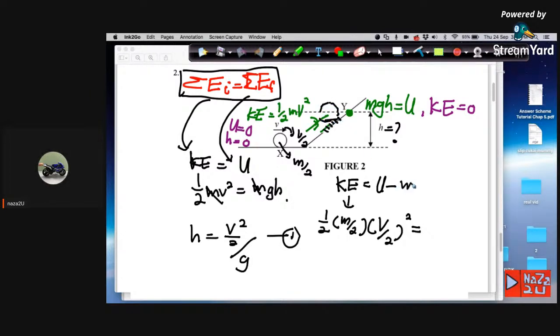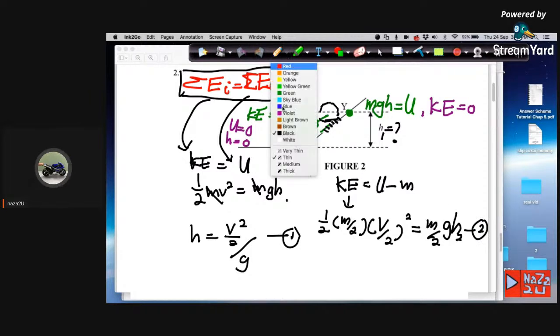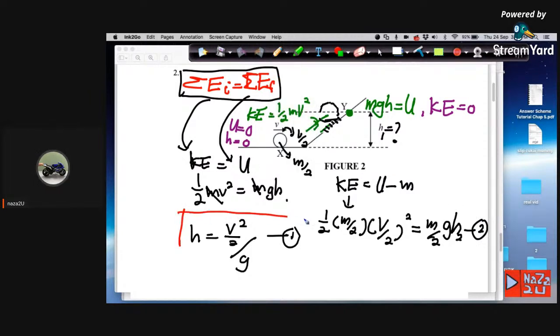So we have mass is half, g is constant g, and this is h, the second h is h2. So this is the second equation. So, kalau kamu tengok perbandingan di antara persamaan pertama dengan persamaan kedua ni, right?